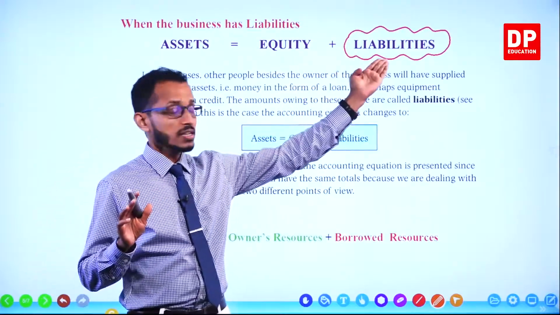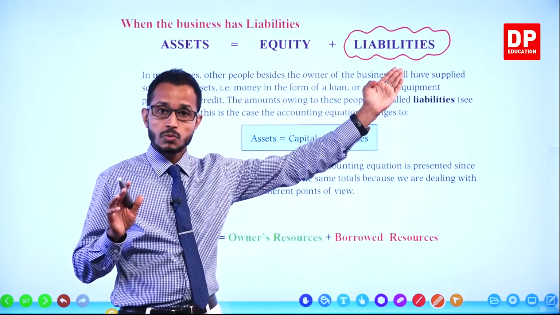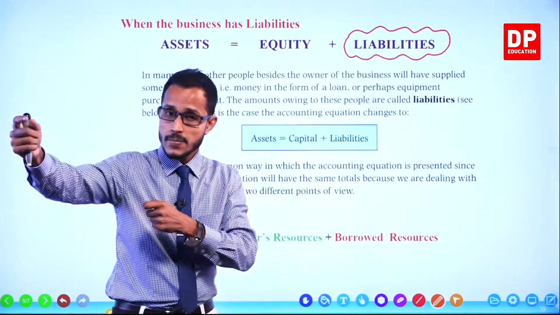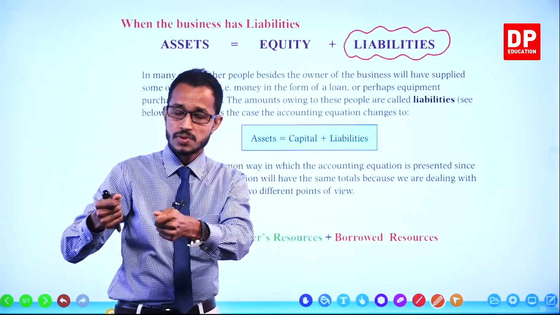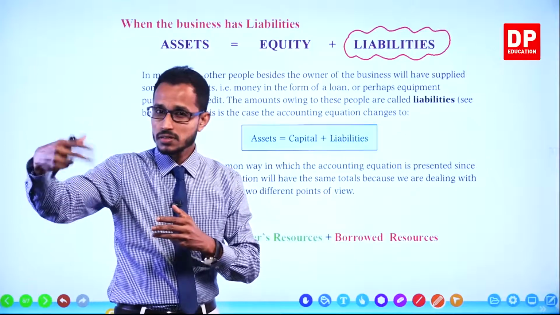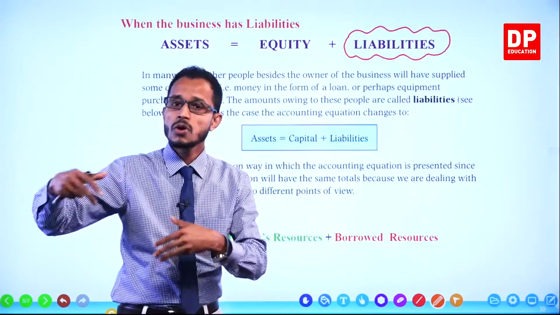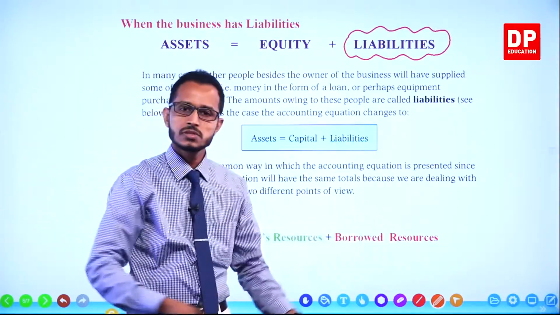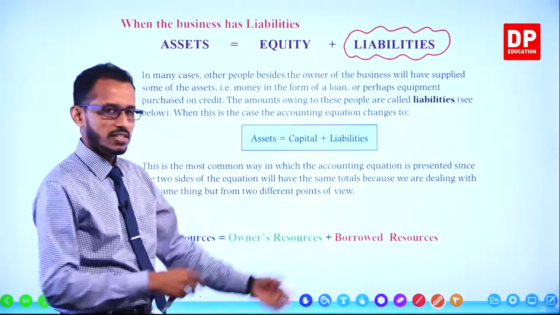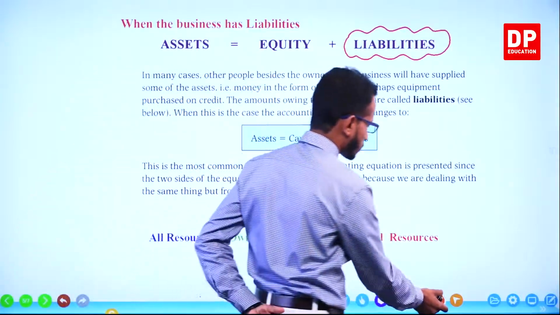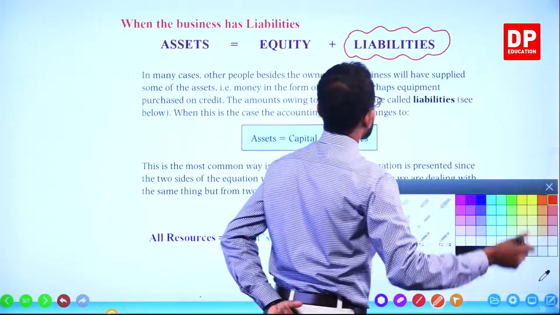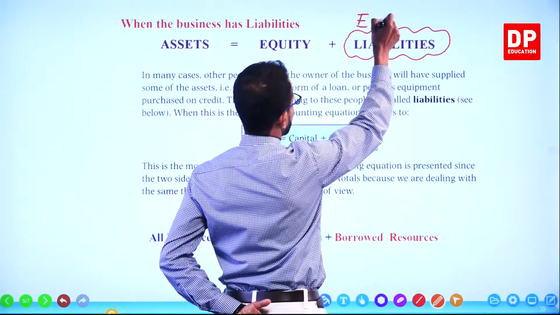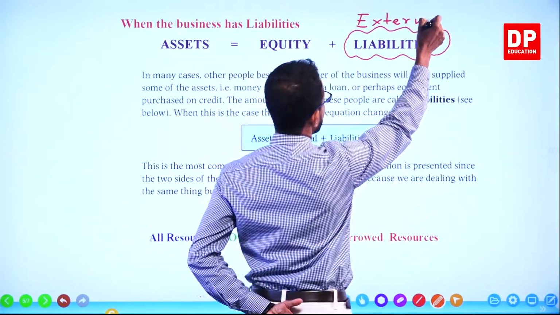There are external liabilities which are borrowed. Liabilities are the payables or owings or borrowed resources which are invested in the business. So, external liabilities.